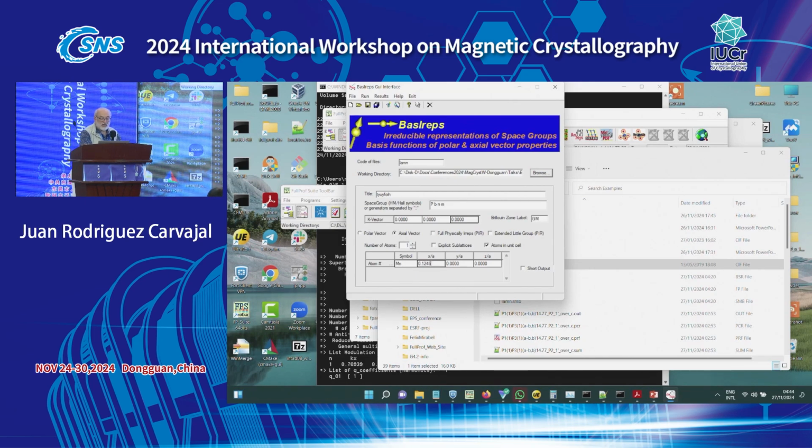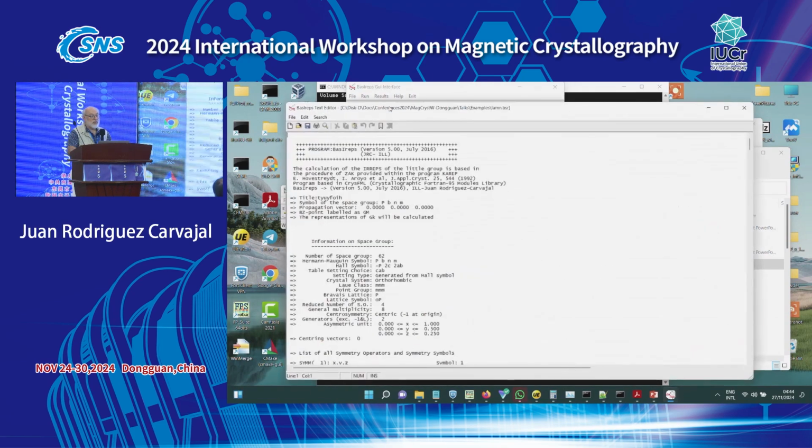Then you will see now, if I do that, in that particular case, I put an atom in no symmetry, just in a general position. When I do the calculations, what we obtain is the list of matrices of the Shubnikov group directly.